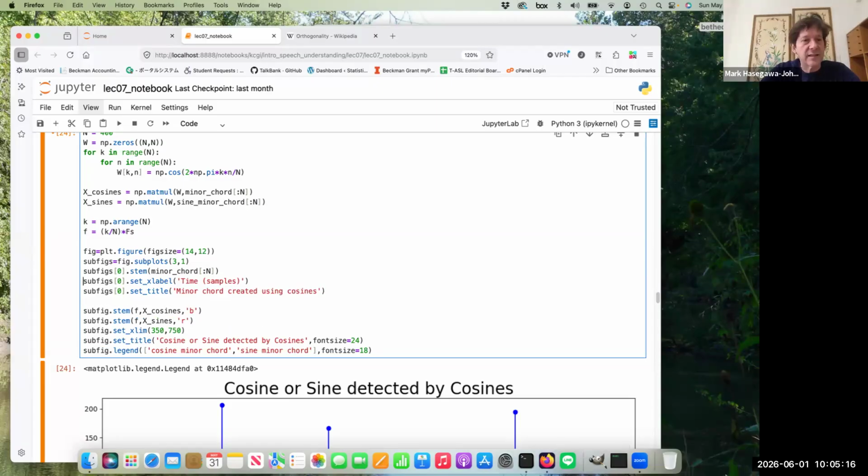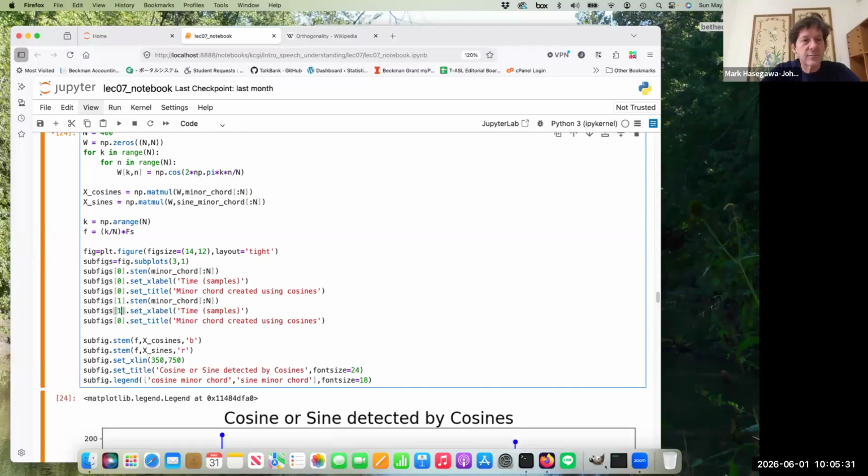And then let me do exactly the same thing. Let me set layout equals tight here. Let me do exactly the same thing for subfig 1, but using this minor chord created using sines. And then this will all be subfig 2. All right, let's create all of those.